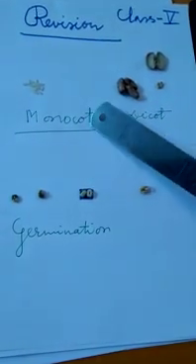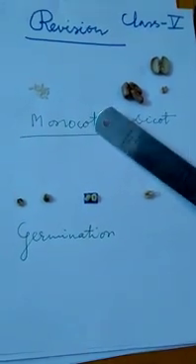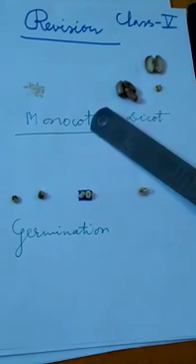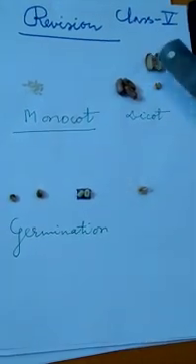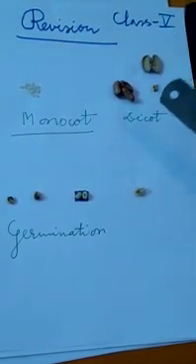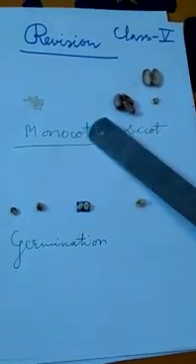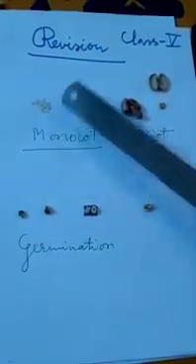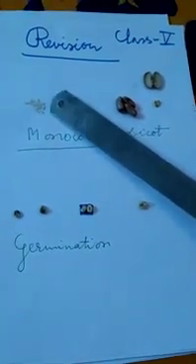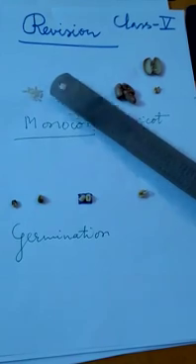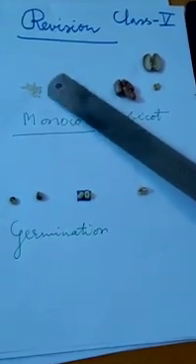So the monocot has one cotyledon inside the seed, and the dicotyledon has two cotyledons inside the seed. Many of the monocot seeds you came to know: wheat, maize, and paddy, that is rice, are monocot seeds having one cotyledon inside the seed.